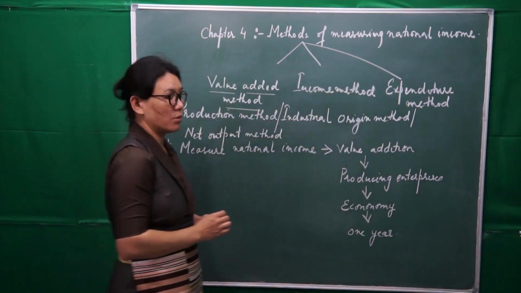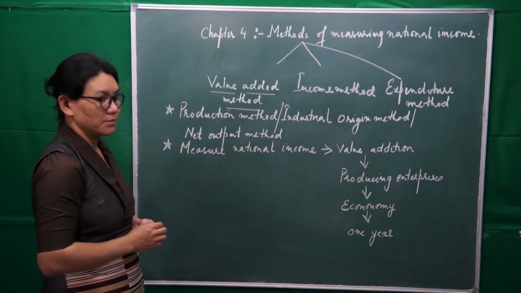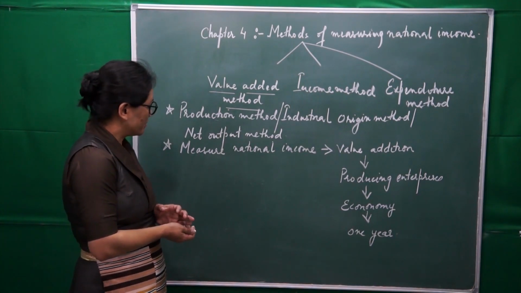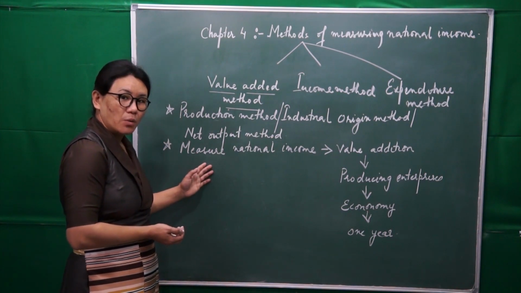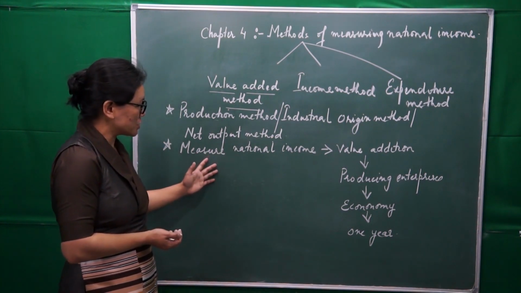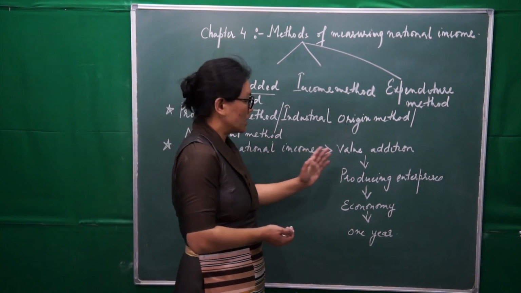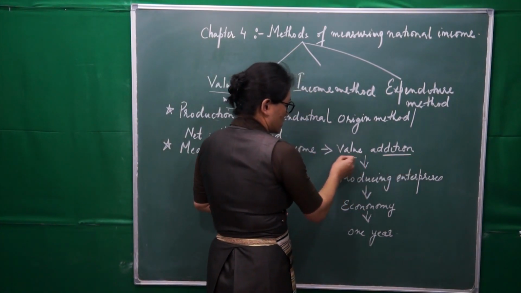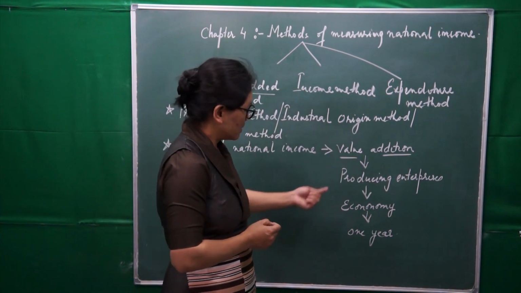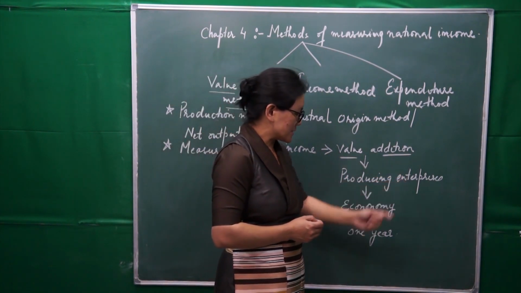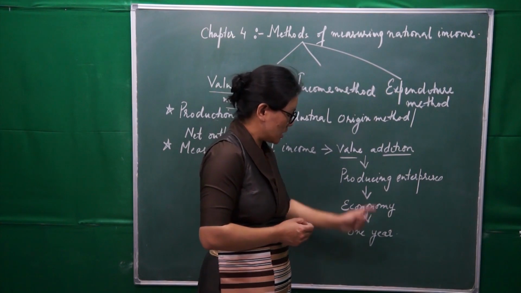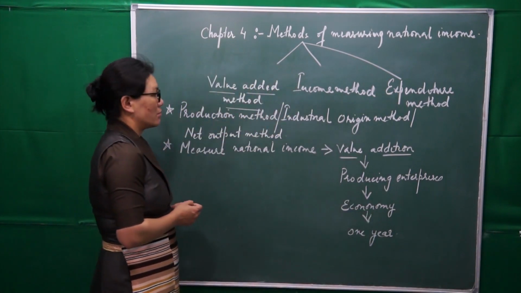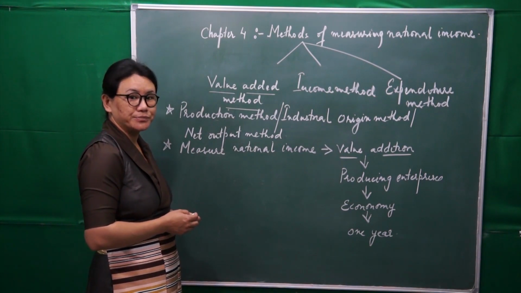So this is your value added method. Under this method, we measure national income in terms of value addition made by each producing enterprise in an economy during the period of 1 year is called value added method.